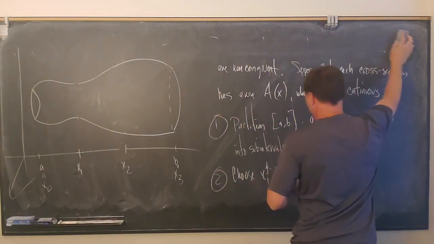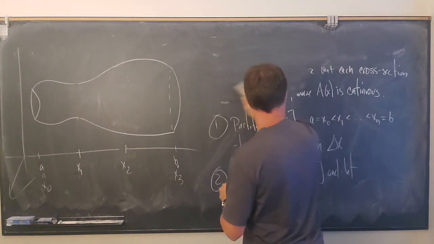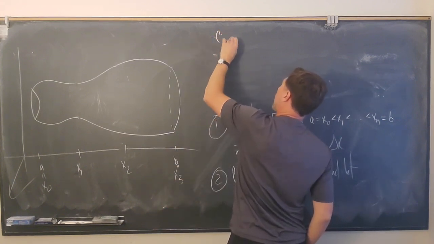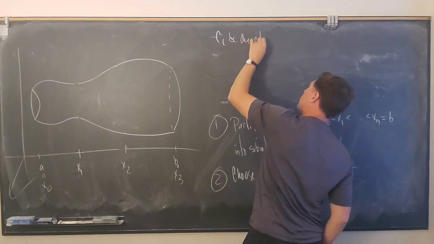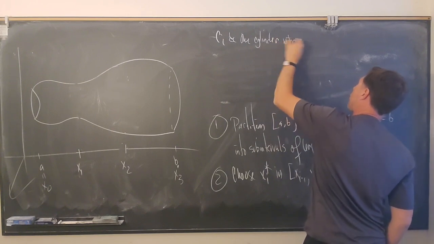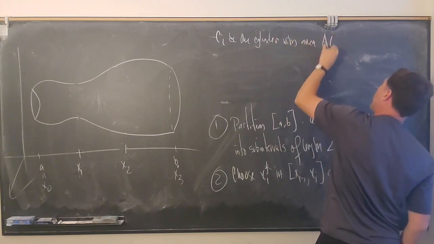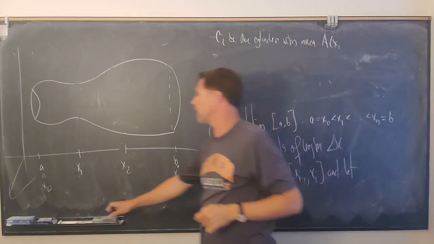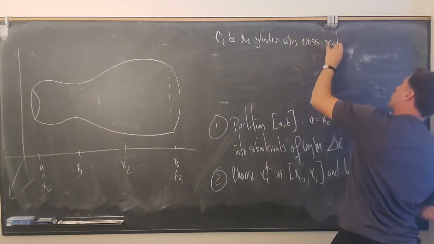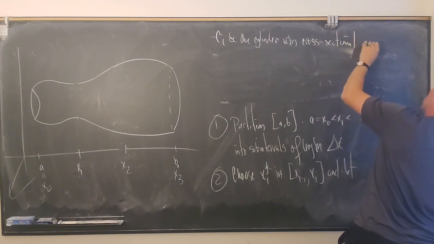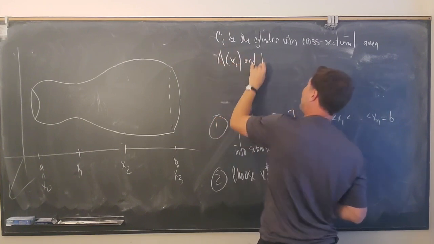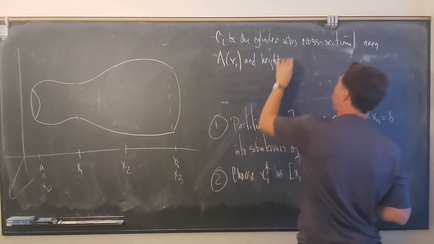So I'm going to come back up here, and I'm continuing step 2. And let c sub I be the cylinder with, I should say, cross-sectional area A of x sub I, and height delta x.